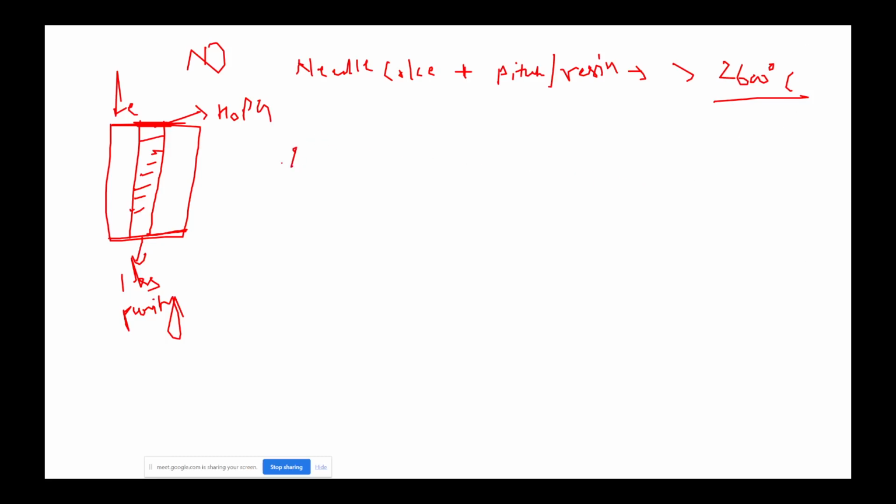The second step is the casting of your iron.